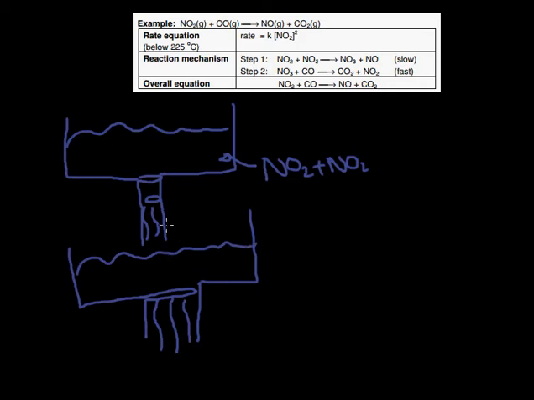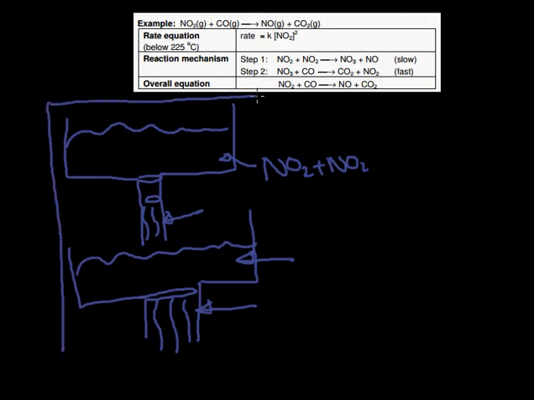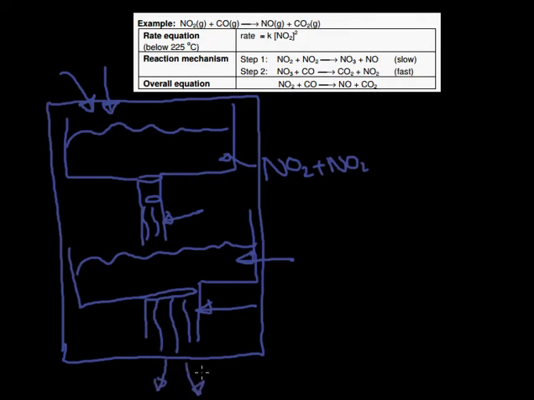So the products from step 1 are the reactants for step 2. This is the products for step 2, and the overall equation is like this, right? We put in all the reactants here, in this case NO2 and CO, and whatever flows out are the products through this two-step reaction.